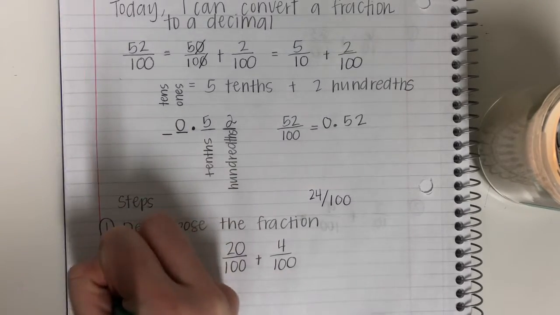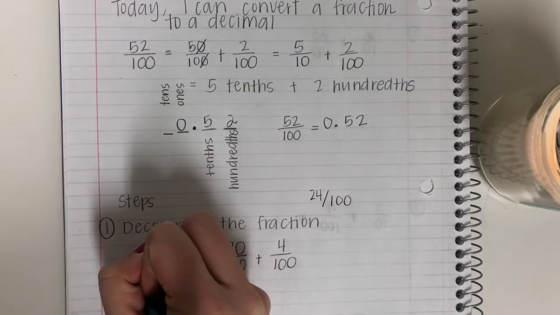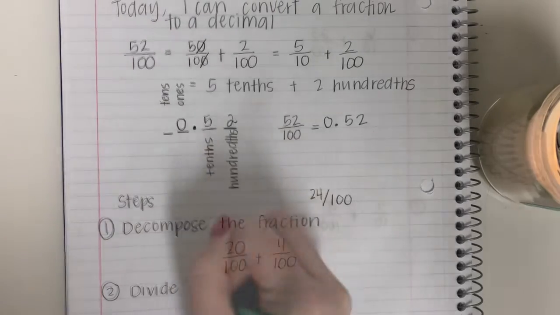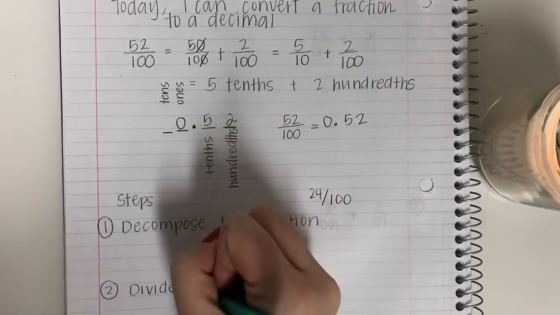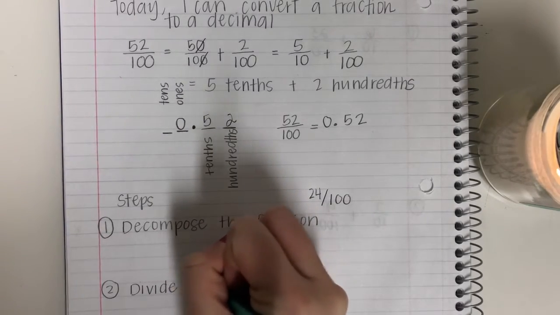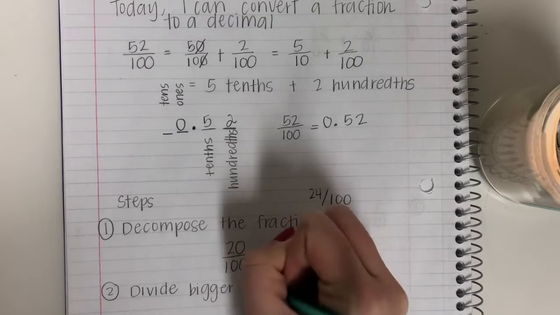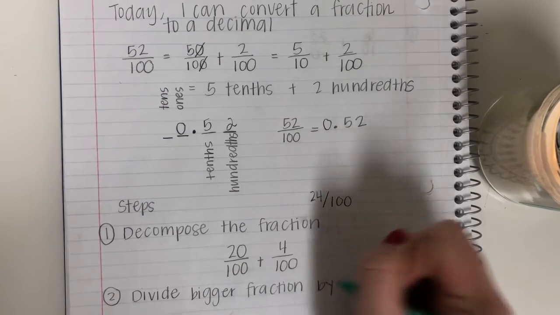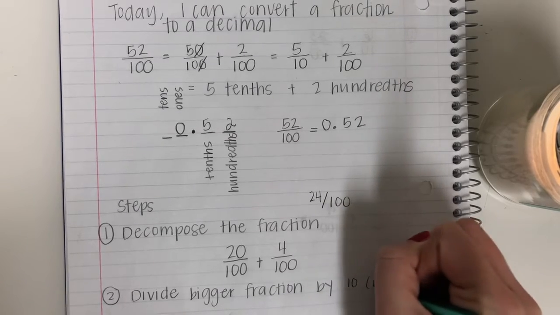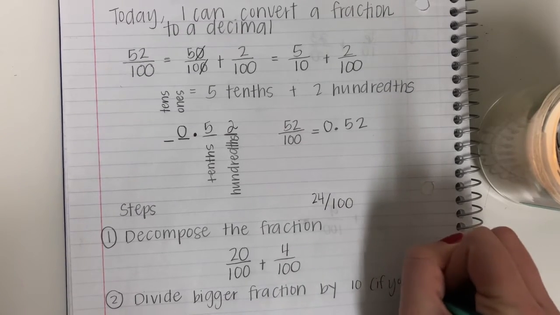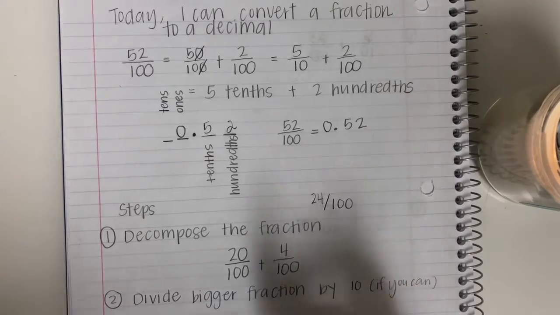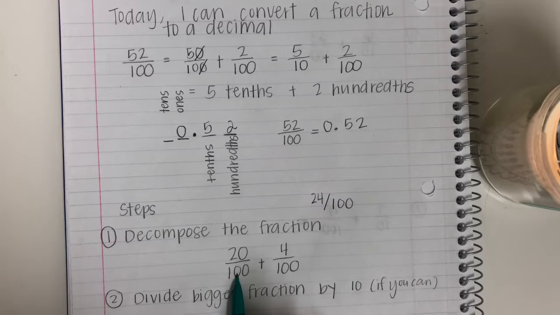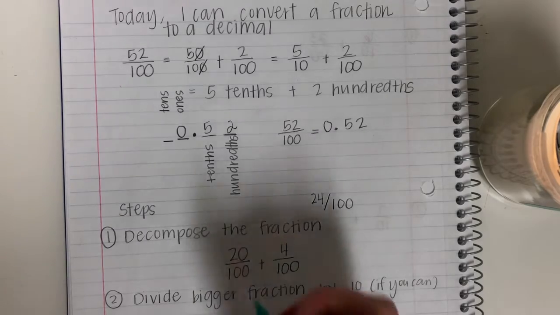So step 2, I'm going to say divide the bigger fraction by 10, if you can. So I can divide 20 and 100 by 10 here and then by 10 up top too.